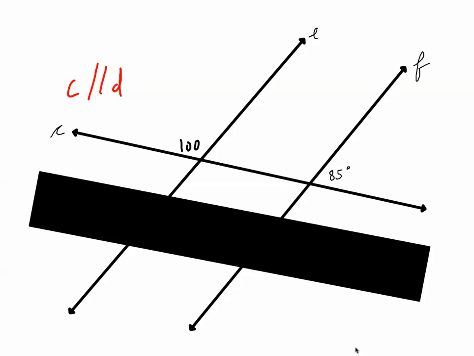What do we think? I say, if we stick with highlighting our big angles, we don't have any big angles that match. We don't have any small angles that match. So big, big, small, and small doesn't work here. But one big plus one small does not equal 180. This equals 185. So we would say E is not parallel to F. Not parallel.